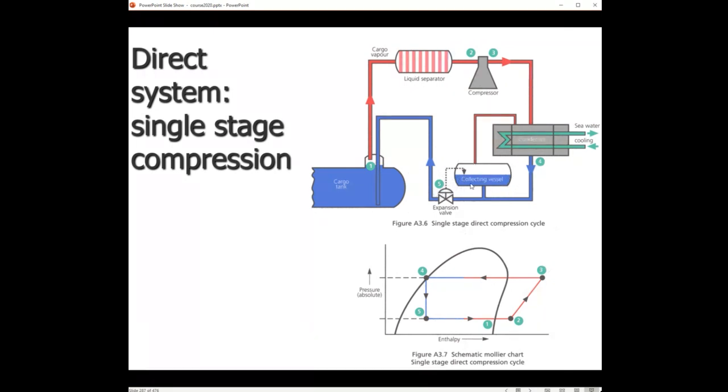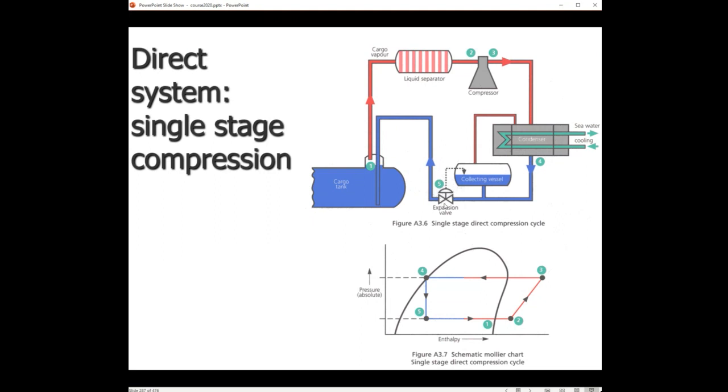So this is in fact nothing else than a drum. You must see it as a drum. But the goal of that drum is just to make sure that there is a temporary accumulation of liquid, to make sure that only liquid is going to the expansion valve.